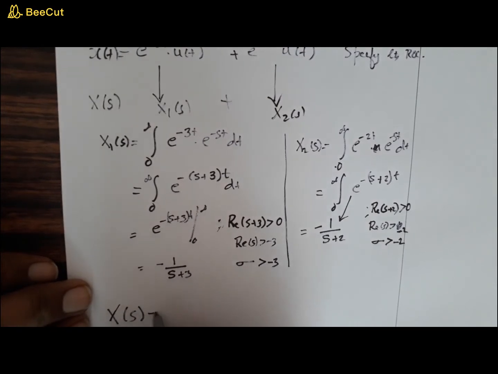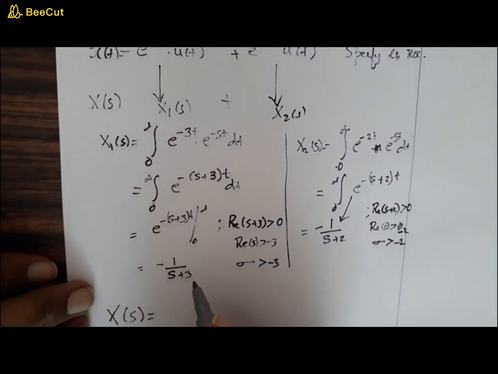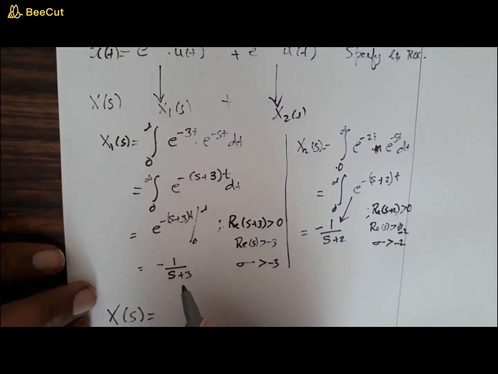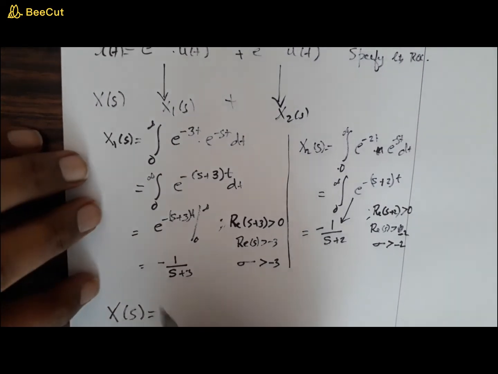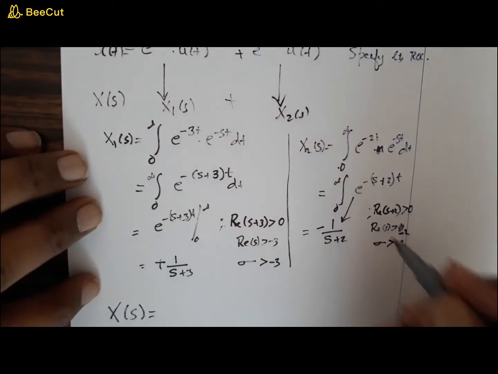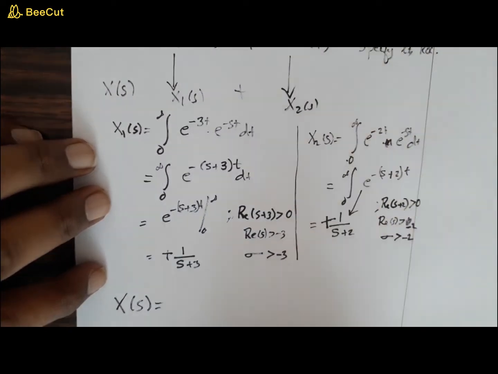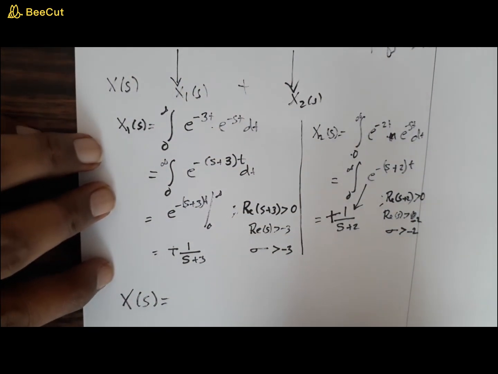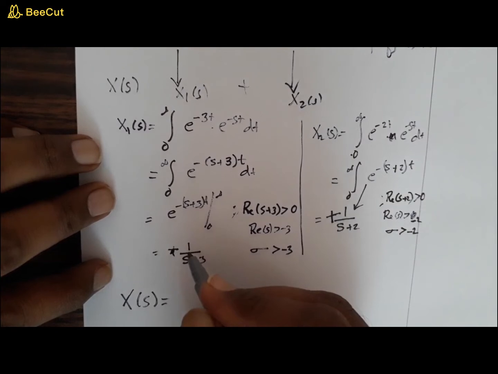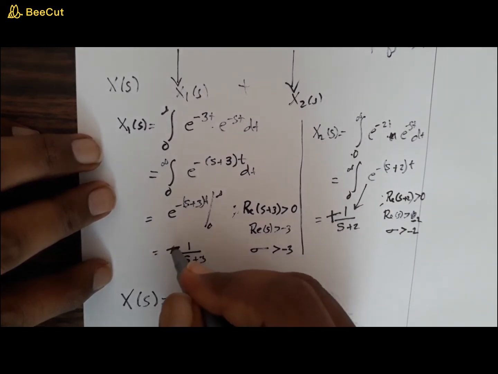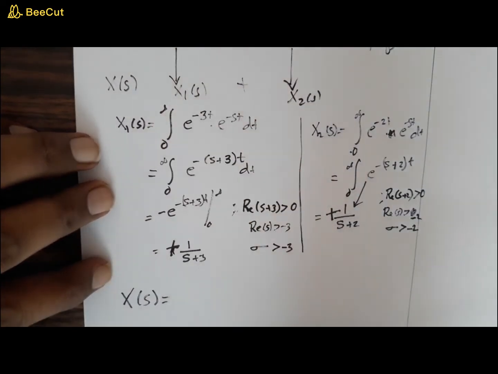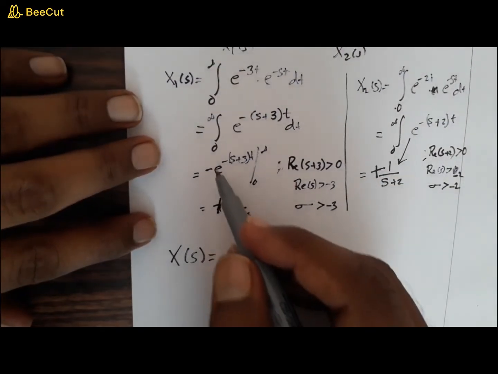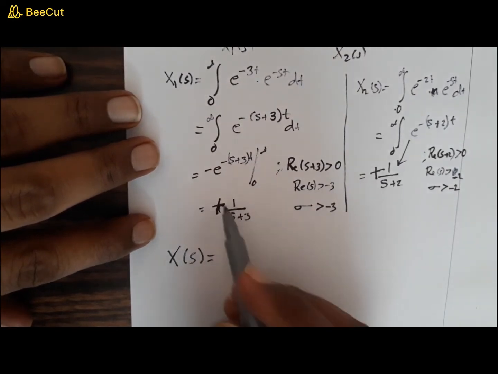X of s is nothing but the combination of this, right? Here you have plus, here also you have plus. So you have a negative sign, that makes it positive.